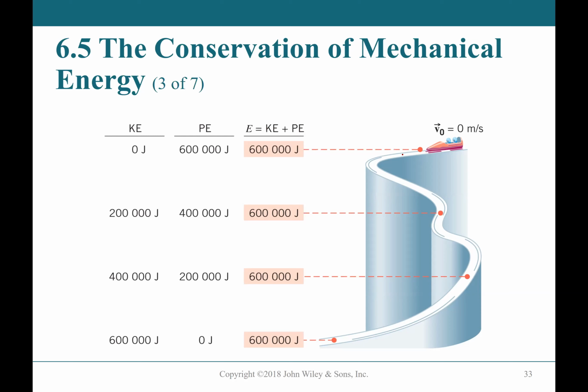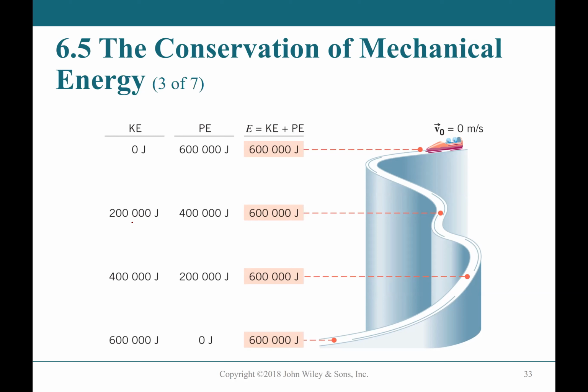Then these dots represent the car at different heights. So now the car has begun to move. And we know that once it starts to move, it has some speed now. It's no longer zero. So that means it has some kinetic energy. And at this point, the kinetic energy is 200.